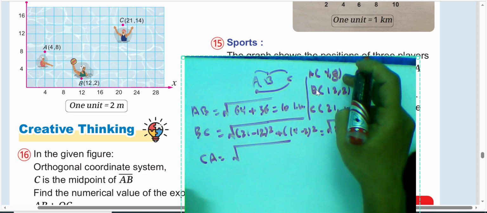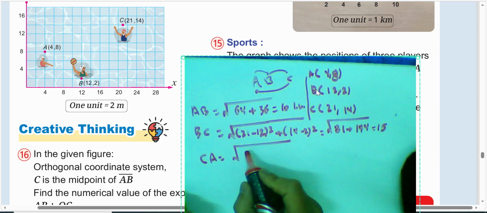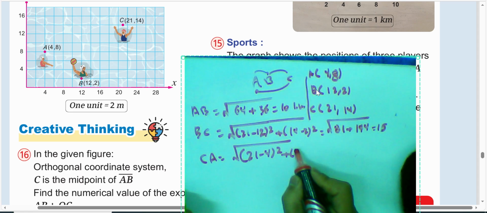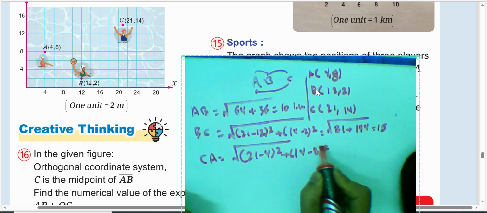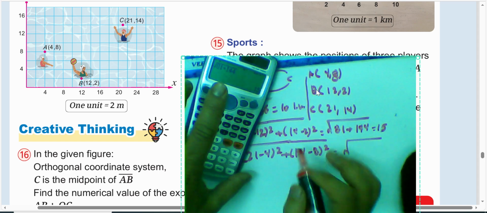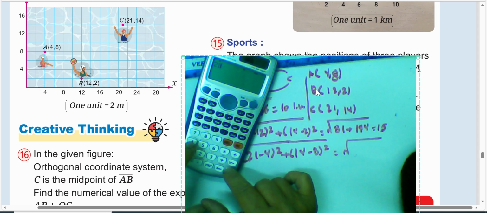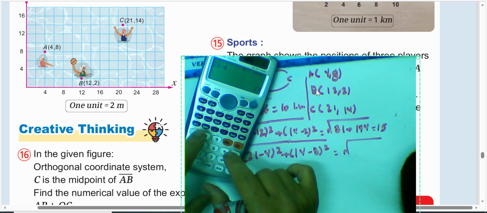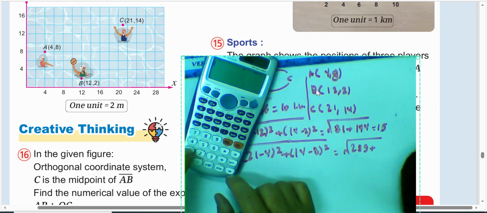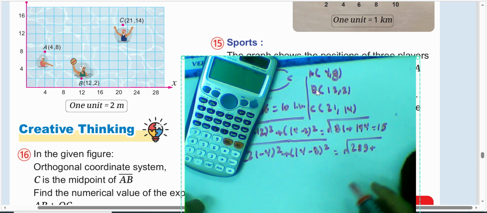Look, for C and A, we can write 21 minus 4 to the power 2 and 14 minus 8 to the power 2. 21 minus 4 is 17, and 17 to the power 2 equals 289. 14 minus 8 is 6, and 6 to the power 2 will be 36.